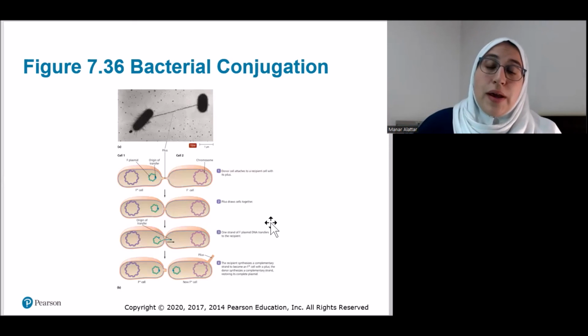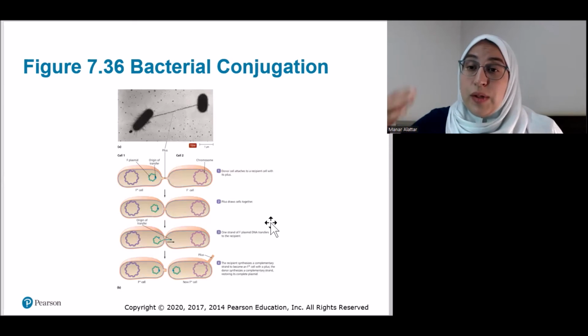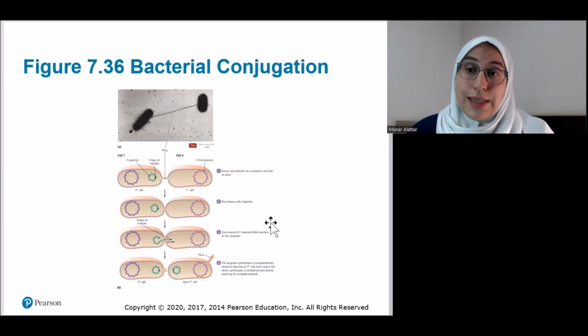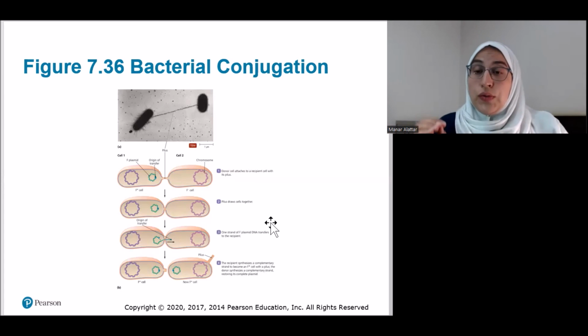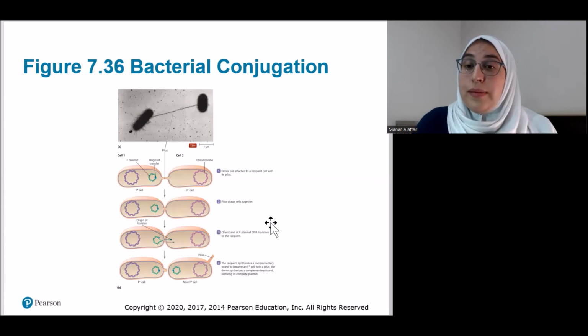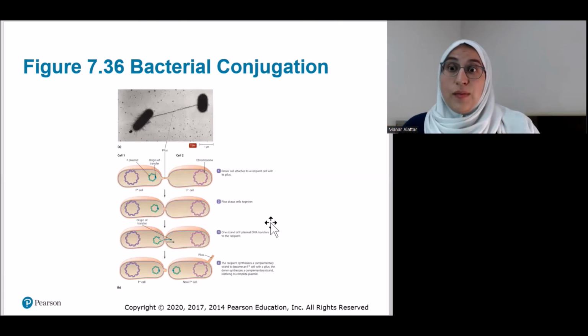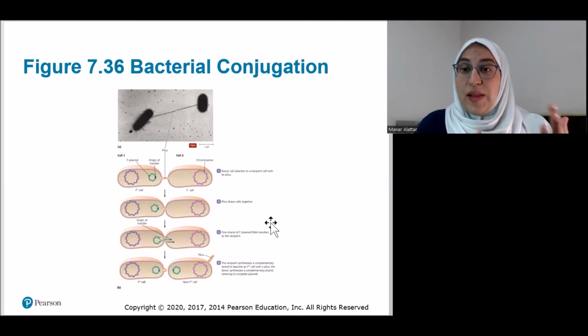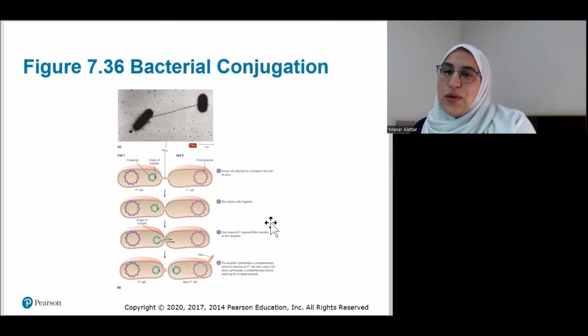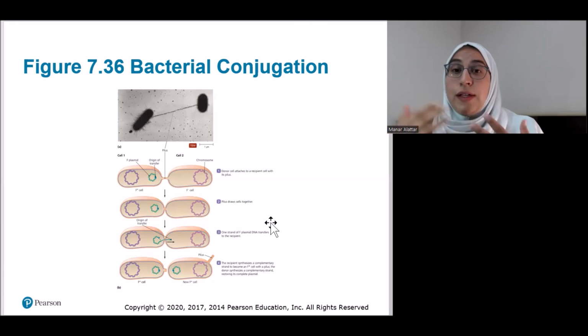And so we can use modifications of these similar techniques that bacteria use naturally to move genes from one species to another, even from different domains, right? You can have plant genes being moved into bacteria. And so you can actually transfer different phenotypic characteristics by moving genetic information around via these bacterial processes.